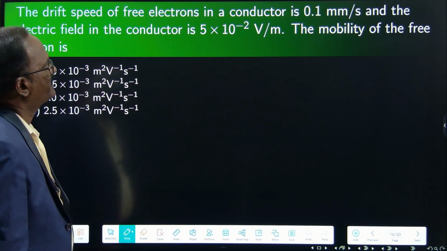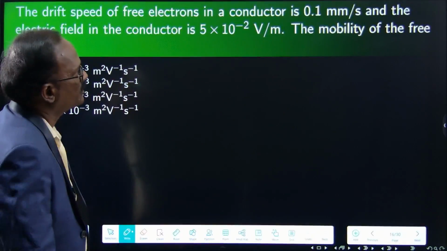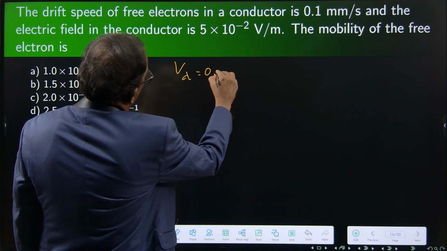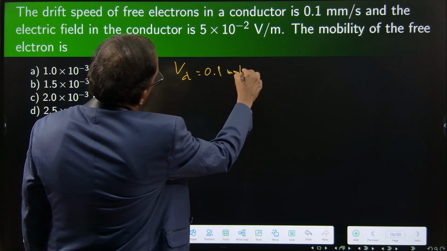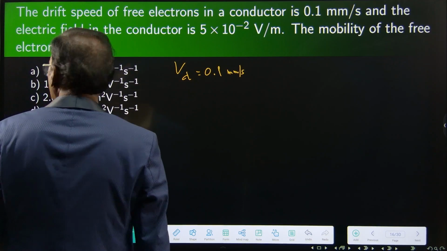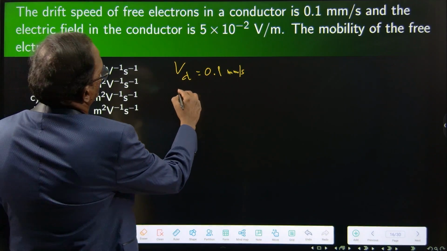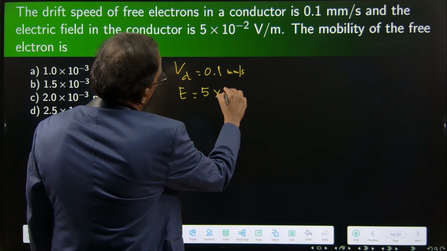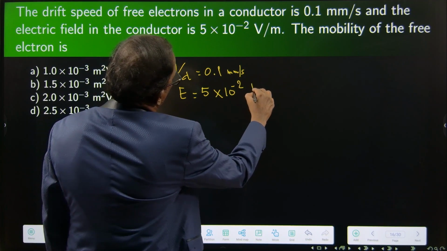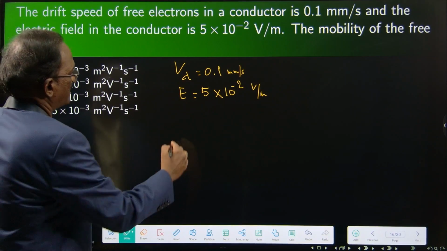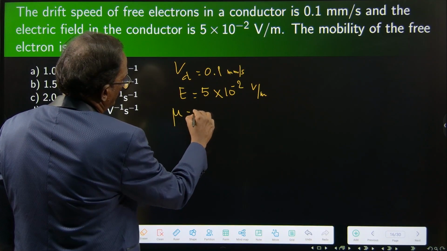The drift speed of free electrons in a conductor is 0.1 mm per second, and the electric field in the conductor is 5 times 10 to the power of minus 2 volt per meter. The mobility of the free electron is, directly we can apply the formula.